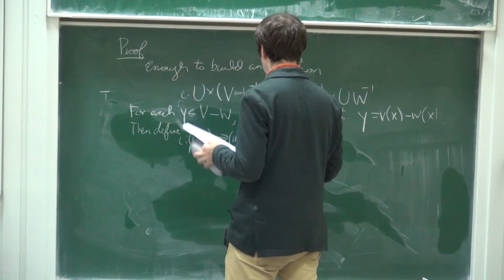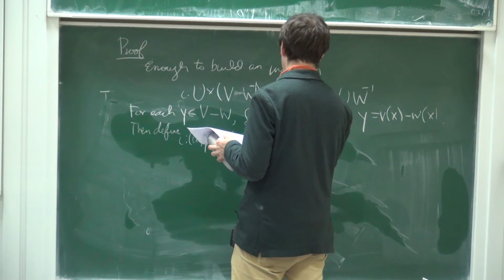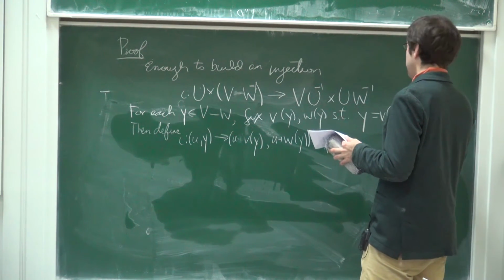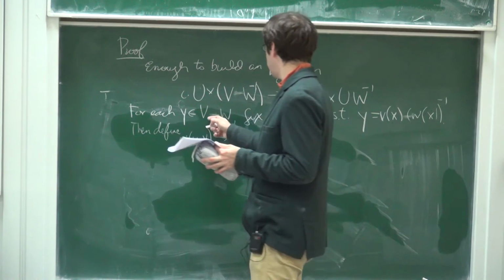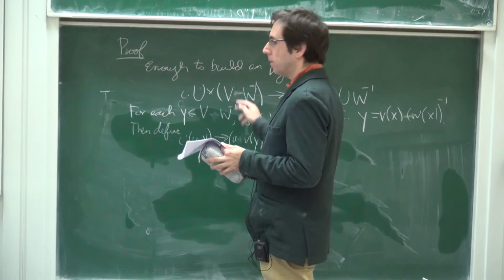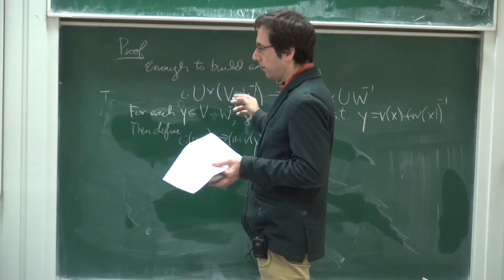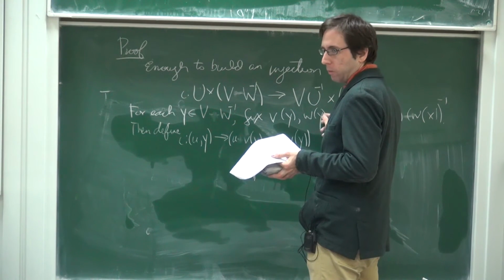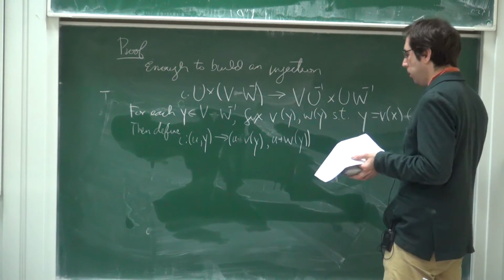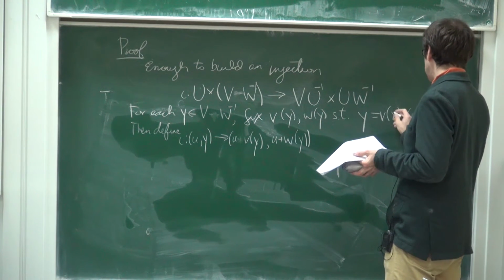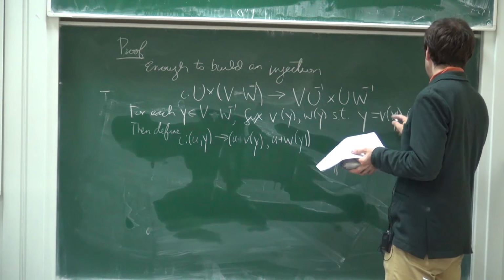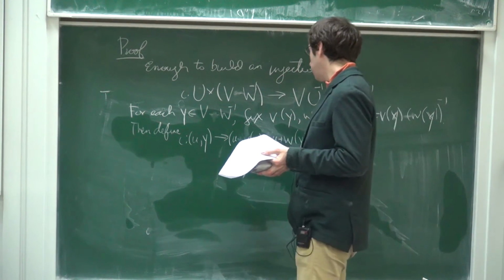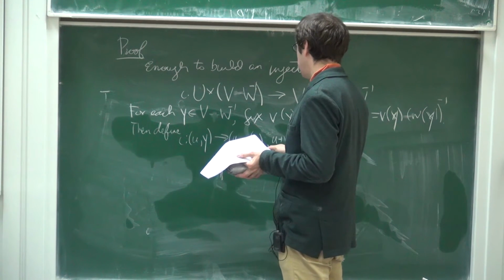Sorry, I first wrote the proof multiplicatively. For each y, there has to be some way to write it, by definition, as a product of an element of V and an element of W. We fix such a way. We choose it once and for all, and then y is v of y times w of y inverse. We know that. So then we define the map as follows.